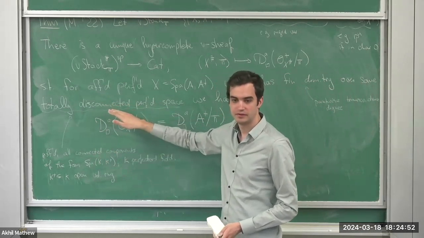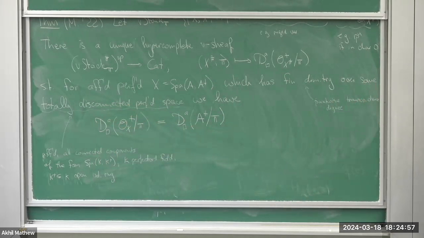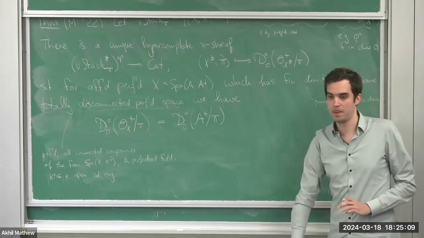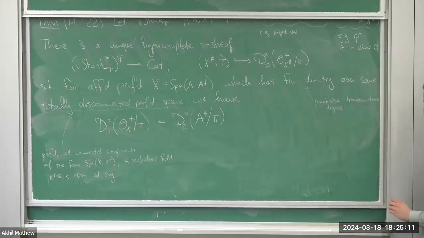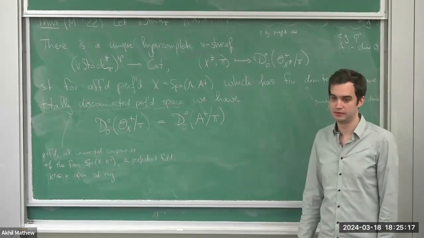Then, so what do you do? You're saying that for an affinoid perfectoid, you declare that the category is just defined as modules over A plus.